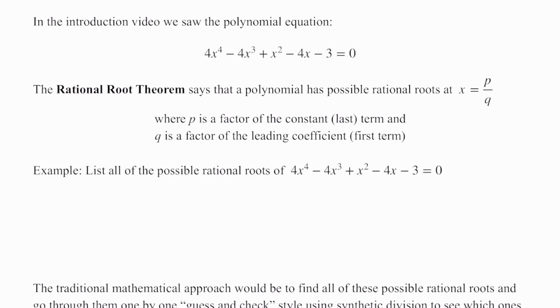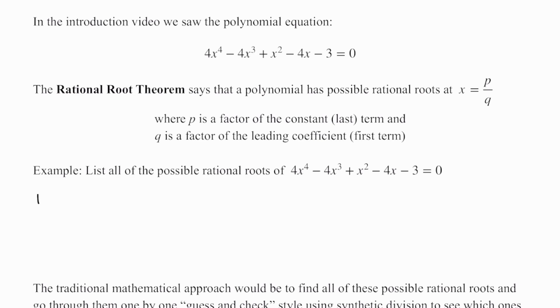Q are all the factors of the leading coefficient or the first term, that's this 4 right here. If we list out all of the possible factors of the end and the beginning, and then we divide them, that list of numbers will contain the rational roots of our polynomial equation. Let's see how this works.